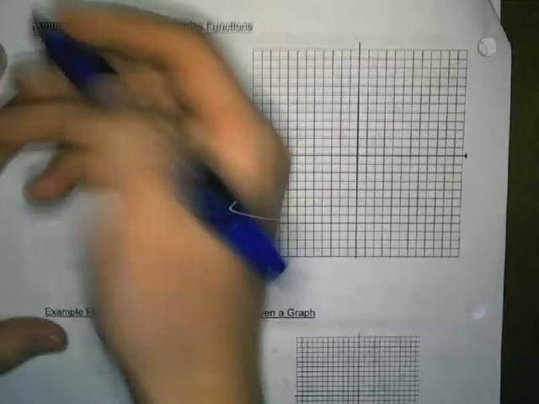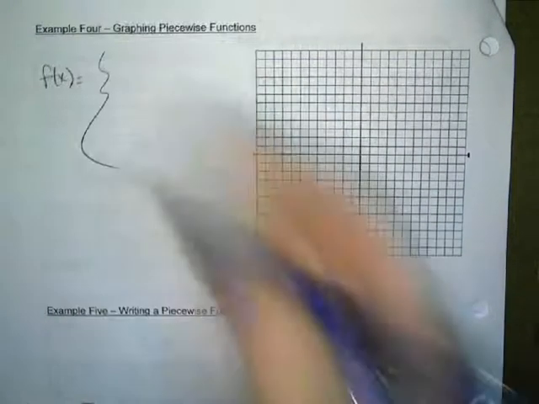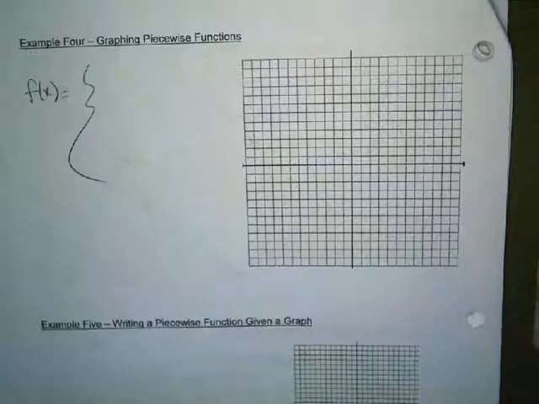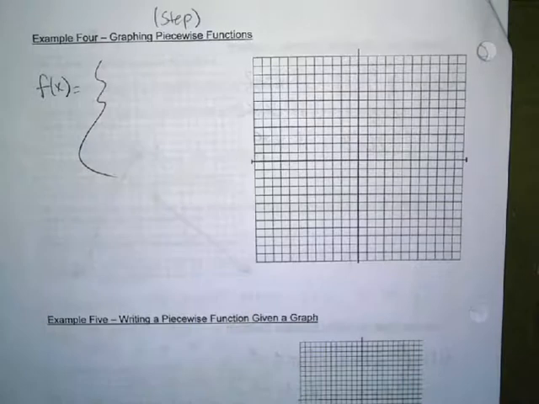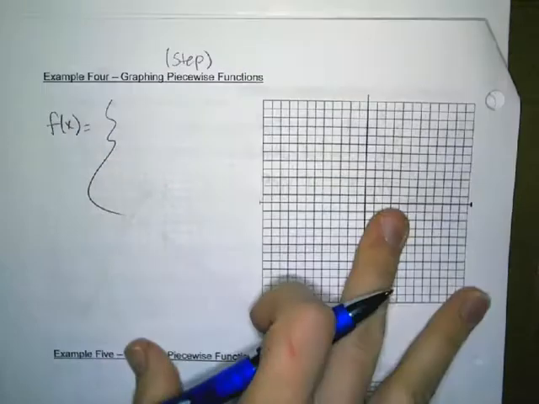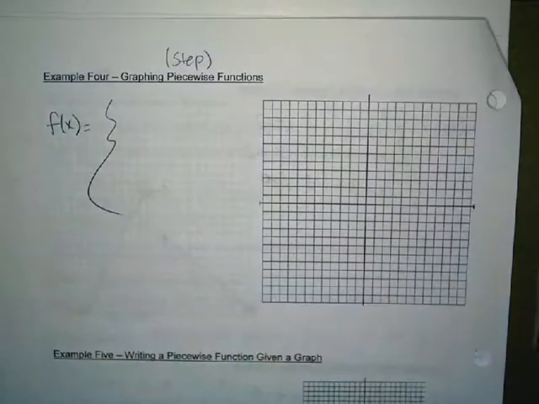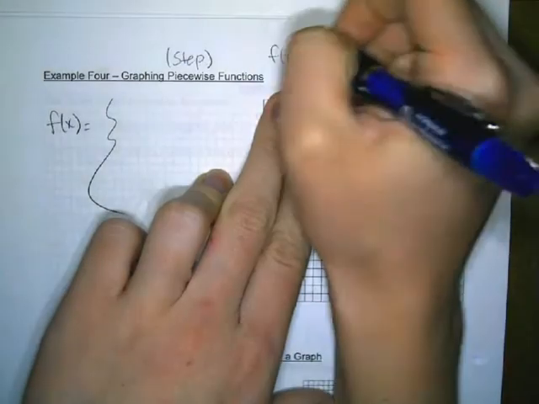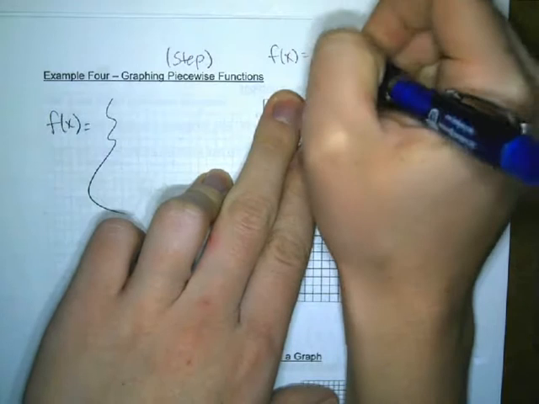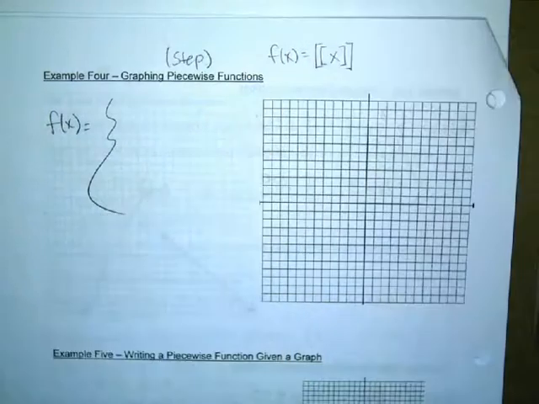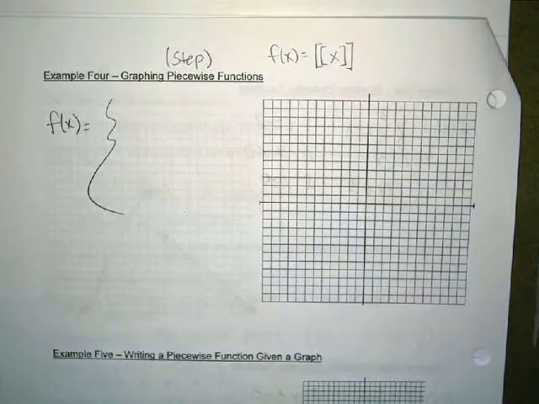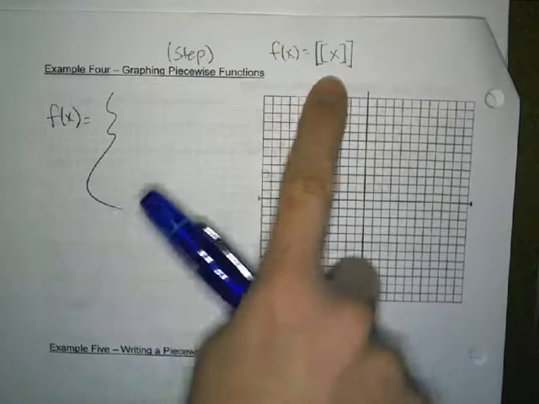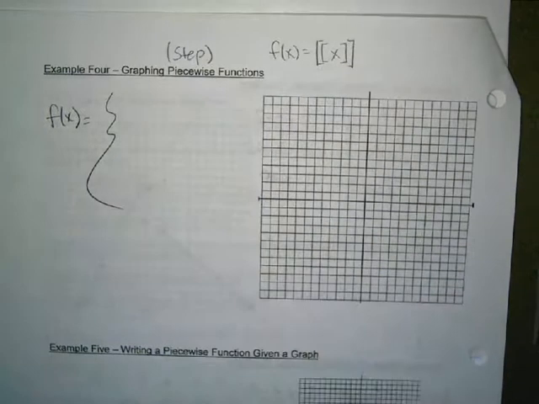But we're going to talk specifically about a piecewise function that has a special name. So above this, write step function. If you ever see a function that looks like this, with double brackets, some textbooks use this notation to tell you it's this type of piecewise function.